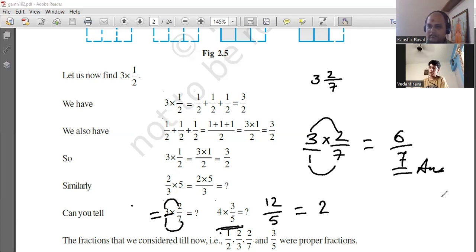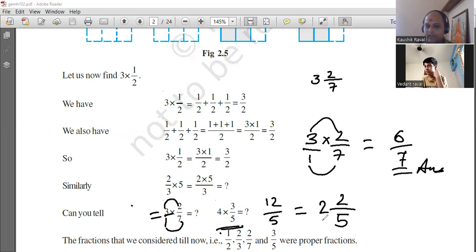What is left? 2. So you write 2 as the numerator. And what will be the denominator? 5. Yes, 5. The denominator never changes. When we are converting, the denominator does not change. Got it now?